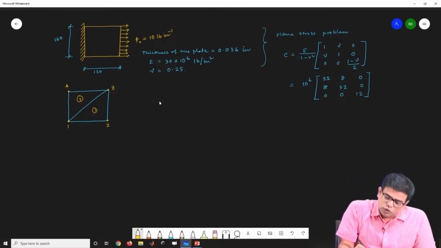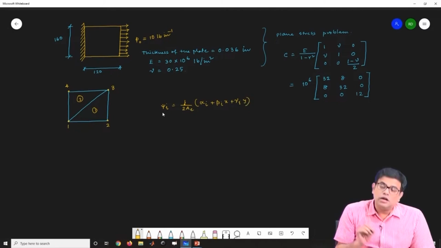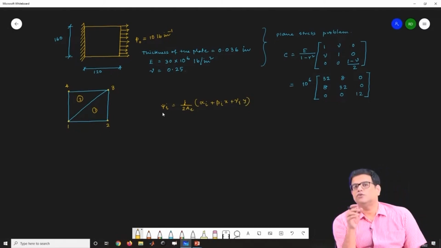For this I know the shape functions: psi I is 1 by 2A, where A is the element area, times alpha I plus beta I x plus gamma I y. Now, what do we need to find out?